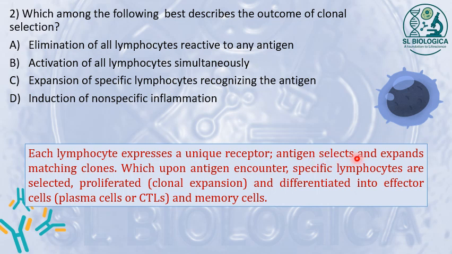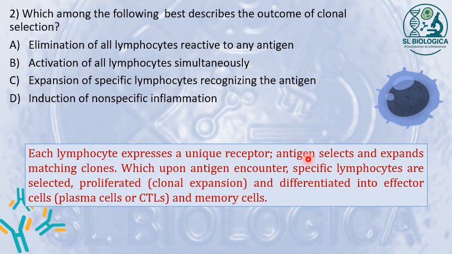So this antigen selects and expands the matching clones. That means we have a set of lymphocytes with unique receptors on them. When the antigen appears, it binds to the specific lymphocytes having the particular receptor to bind with that specific antigen.